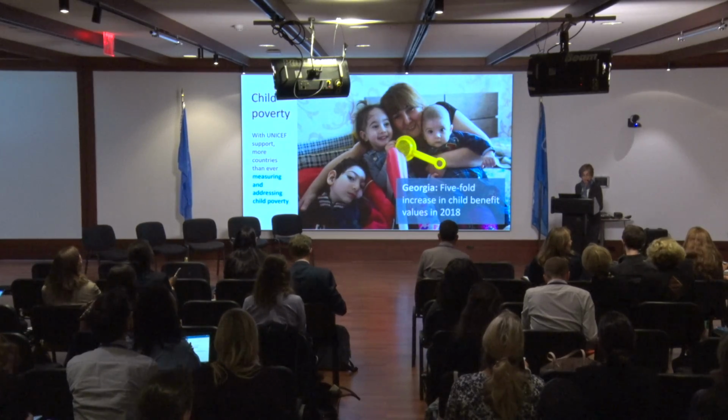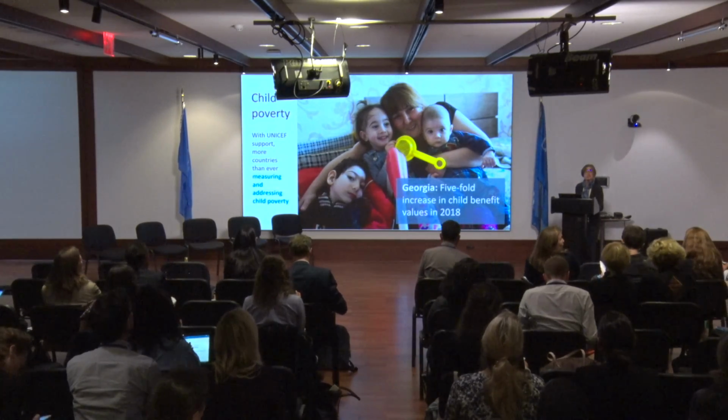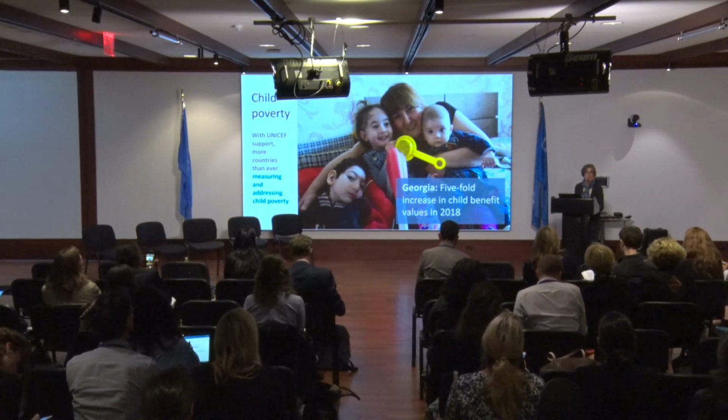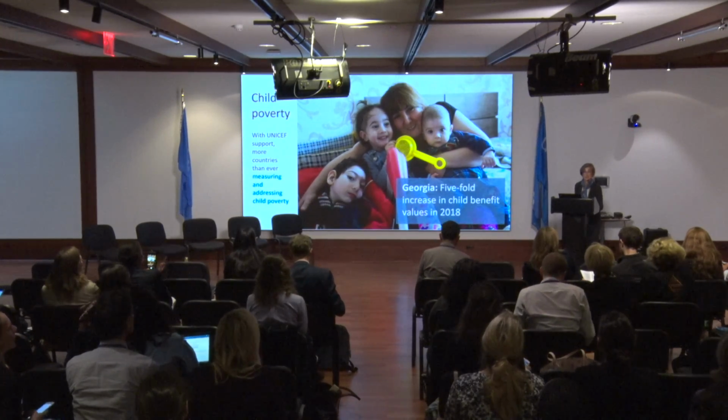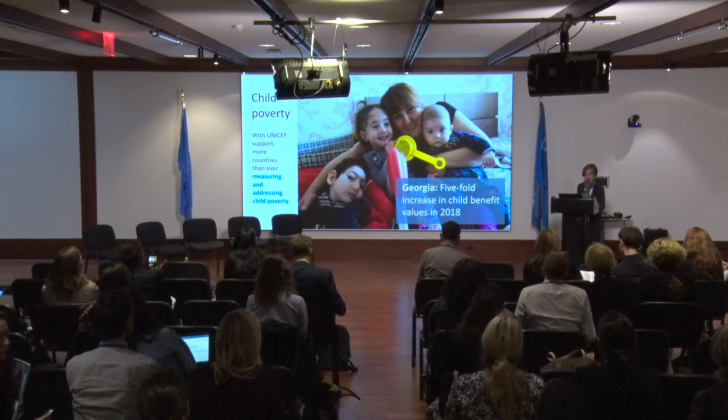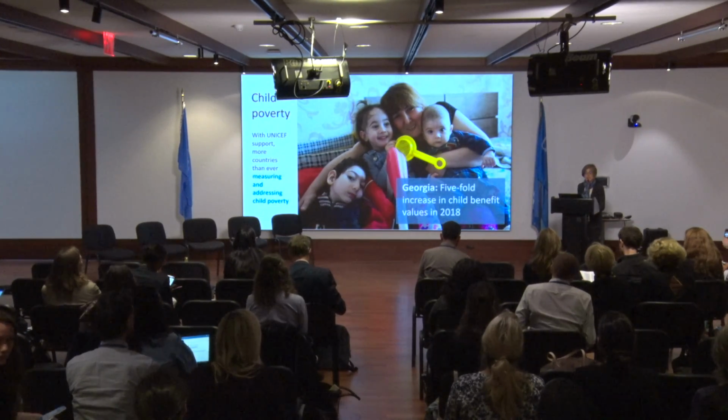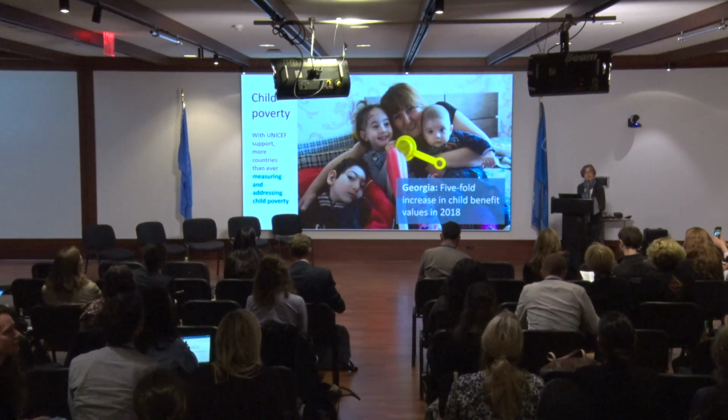So how did that happen? Well, there was growing concern in the country about increasing child poverty rates, despite the fact that the country had a child benefit. So UNICEF and the government teamed up and did an analysis which showed that the benefits were actually helping, but in fact, child poverty would be twice as high if the benefits weren't there.